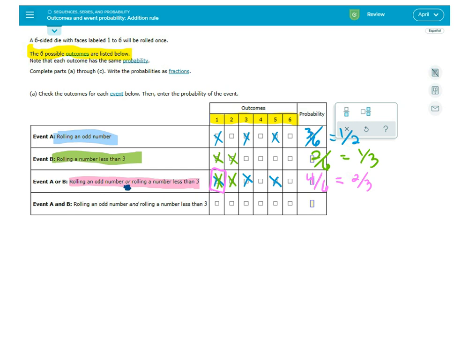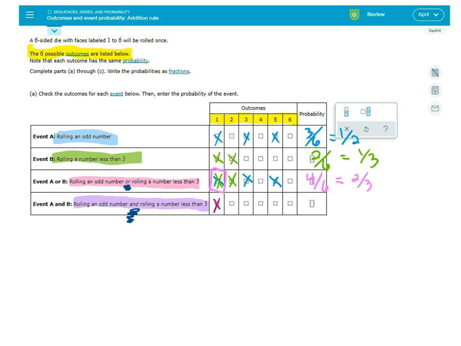And then the last one. Event A and B. This is rolling an odd number and rolling a number less than 3. Now when they say the and, it has to be both odd and less than 3. And there was only one of those, and that was this box right here where I circled it.